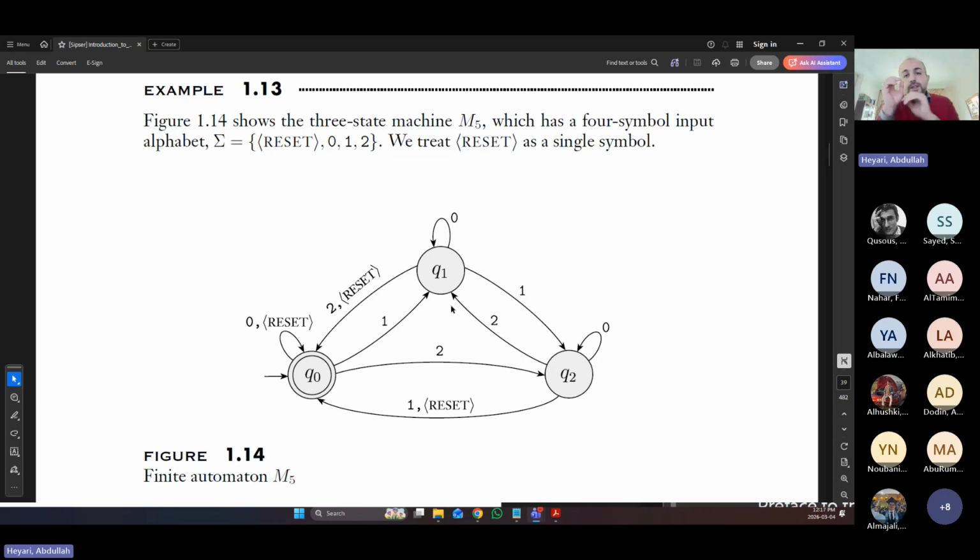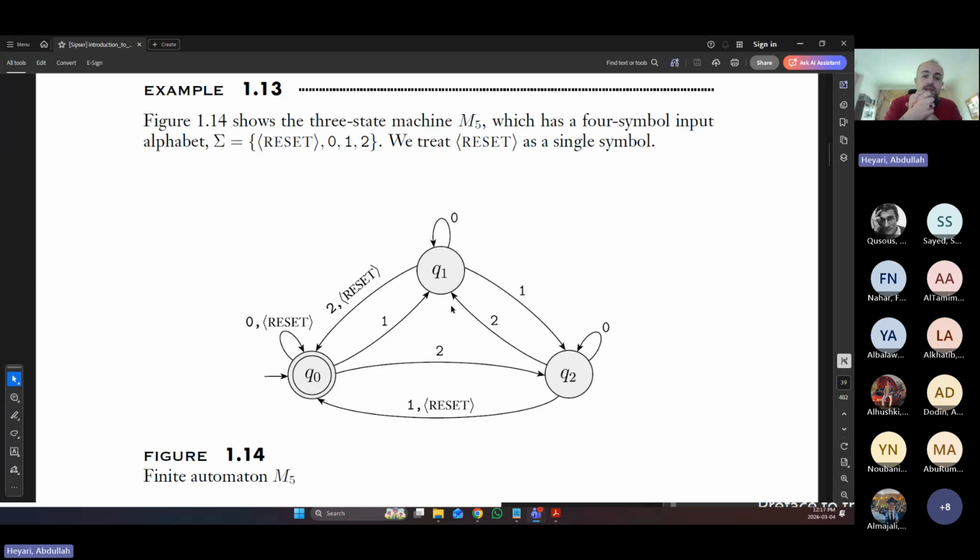The unique thing about this machine is that it only accepts if the sum you have is congruent to 0 mod 3. That is, if the sum you have is divisible by 3, if it is a multiple of 3, it would be accepted.